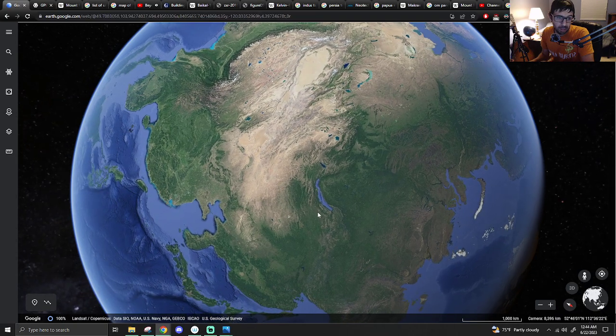They say crustal weakness, but I feel like it's a good chance that that crustal weakness is actually the result of what caused Lake Baikal and not why Lake Baikal exists. Whatever caused it caused them both, the weakness and the lake itself. It wasn't that the weakness was there that the lake was able to form.